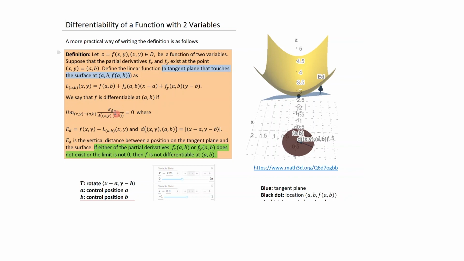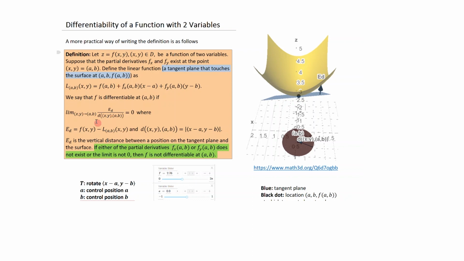The E in the numerator is the difference between the function and the approximation by the tangent plane, whereas the expression in the denominator is the magnitude, that is the norm or the distance, of x minus a and y minus b. If you have a circle, it's the distance from any point on this circle to the point of interest, which is the point x equals a, y equals b.